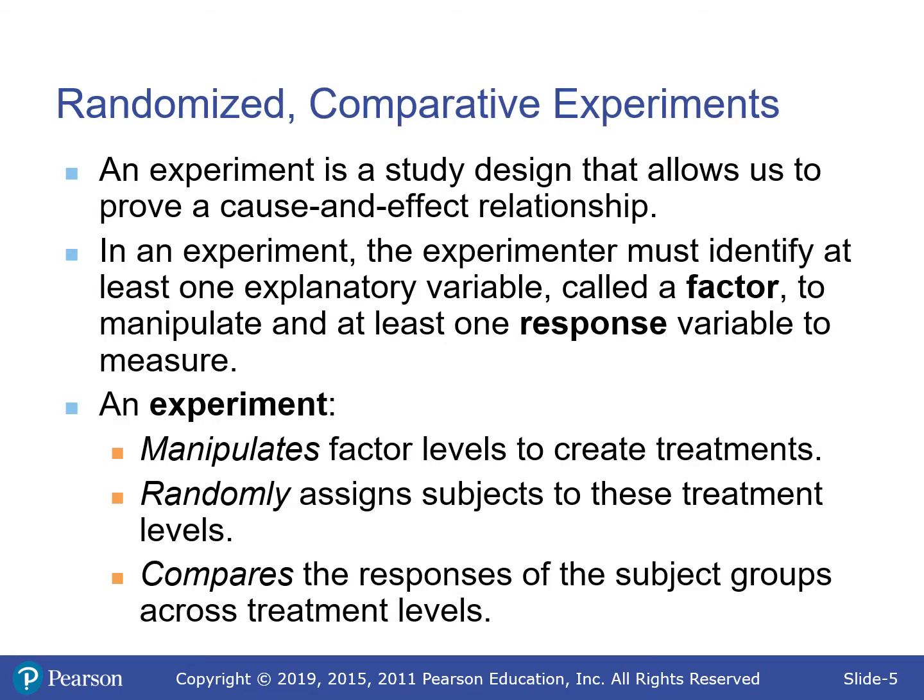In order to do that, you need an experiment. And an experiment allows us to prove that cause and effect relationship. It is possible to prove it without an experiment, but it is very, very difficult. There are a couple big cases like smoking causing cancer.